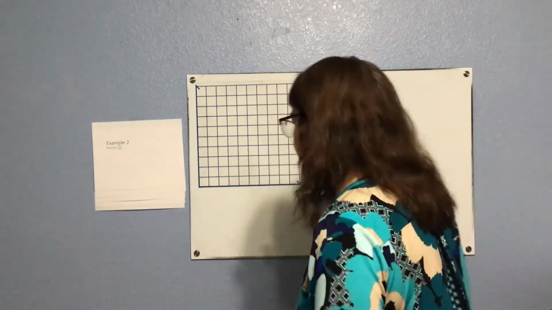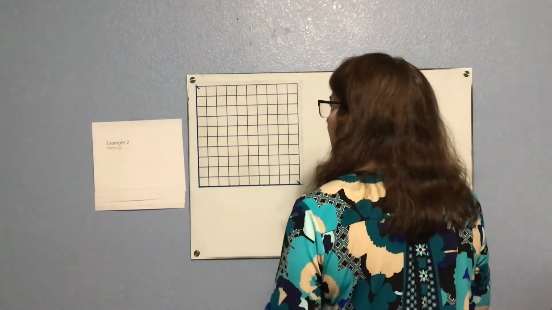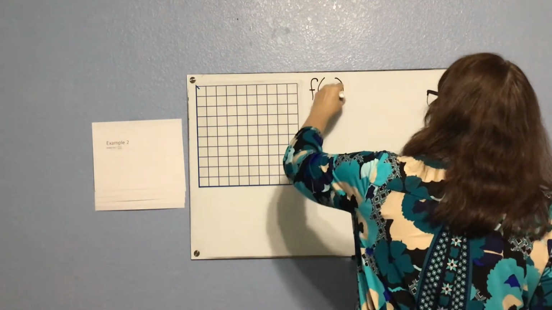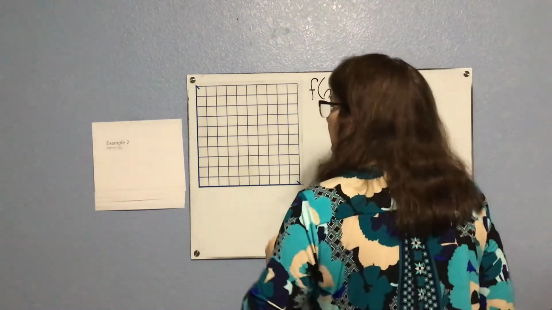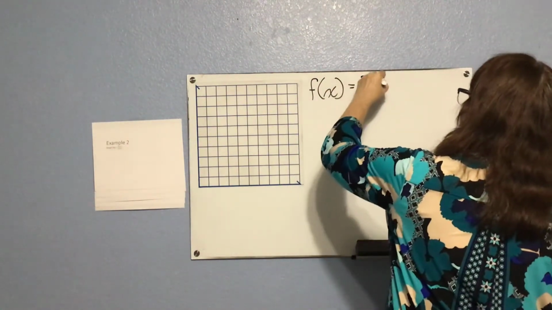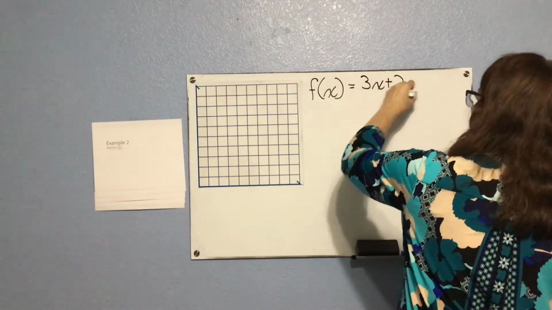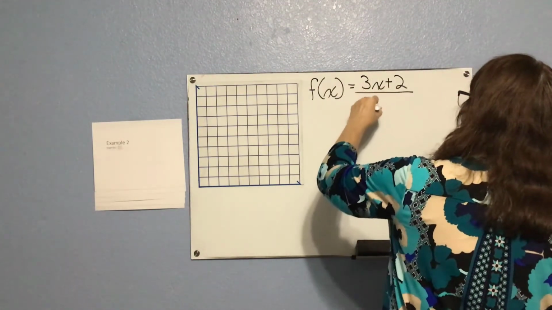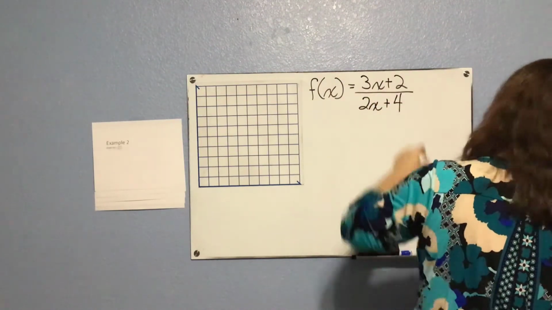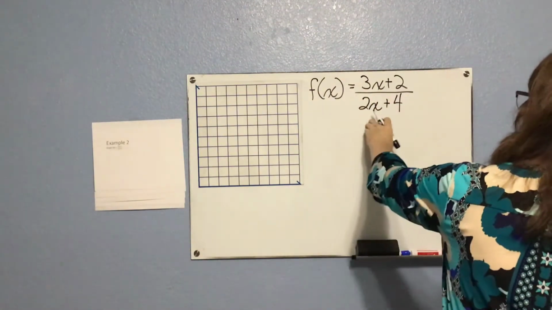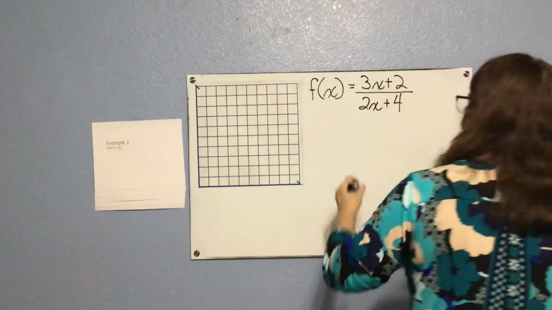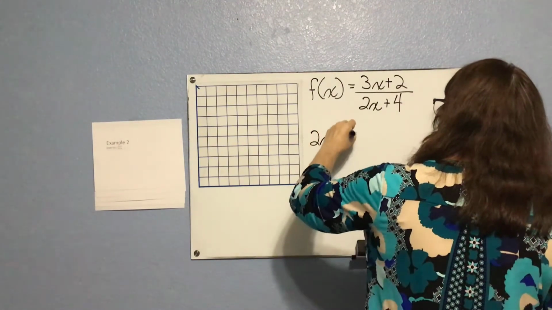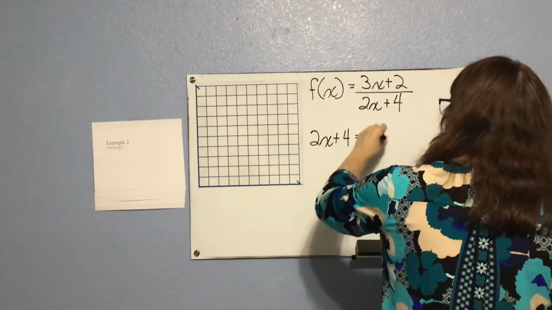We're going to graph this function. And we'll look first for the vertical asymptote, which would be if 2x plus 4 equals 0.